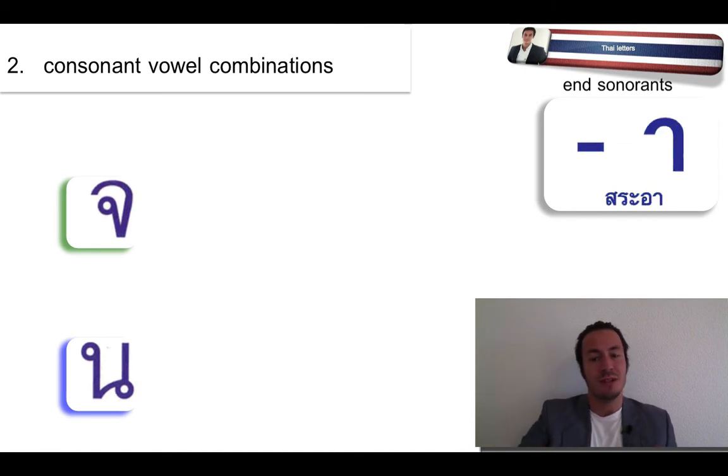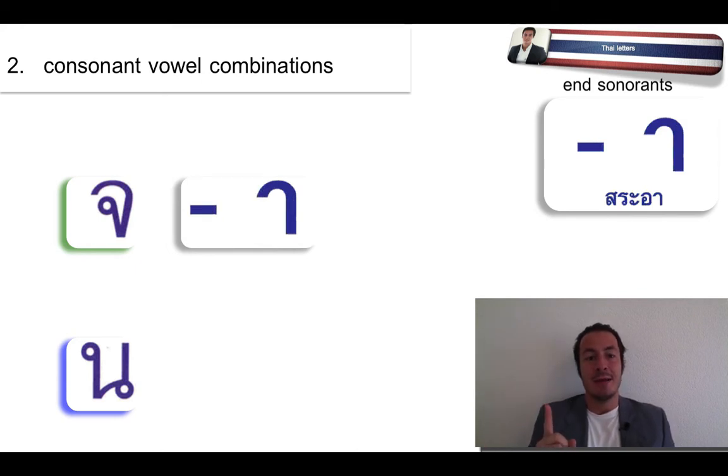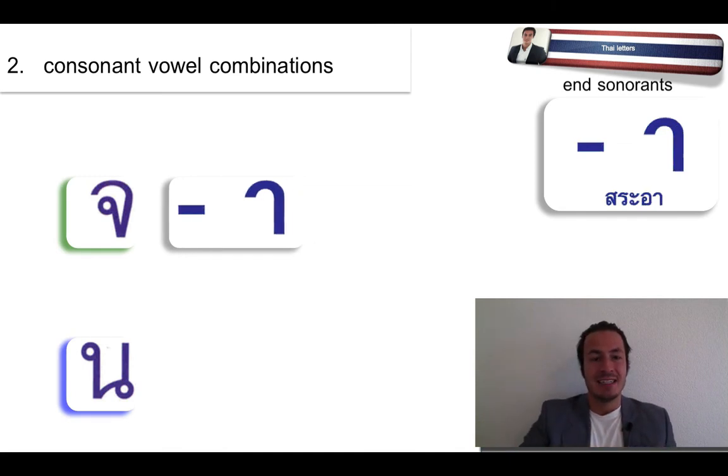But of course you're familiar with that. So we took this a vowel and combined the da, dan plus sara a, so da and a, to one syllable, da.